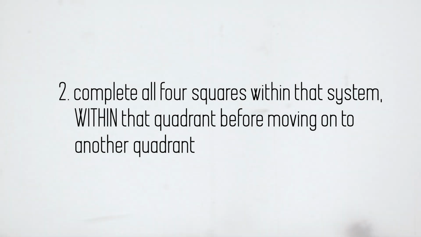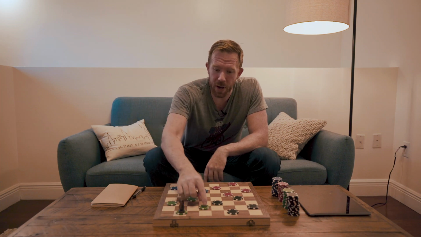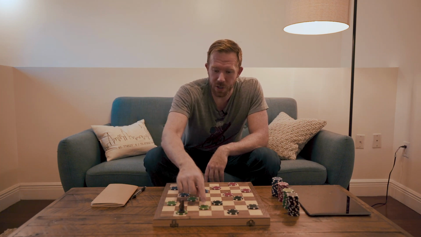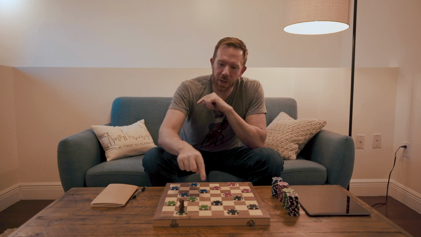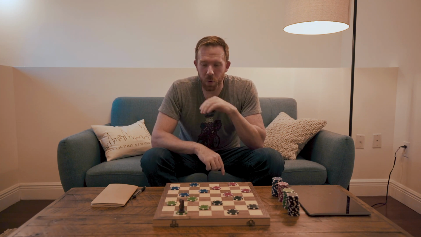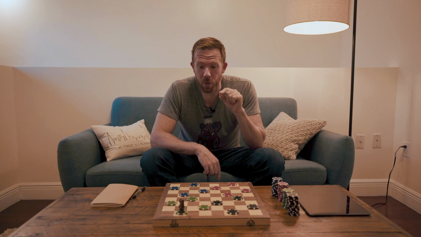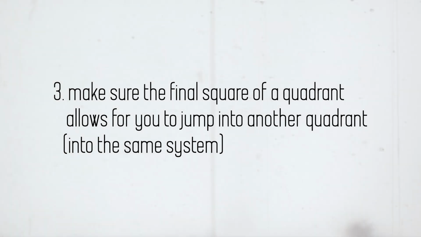Rule number 2, you want to complete all 4 pieces within that system, within that quadrant, before you move on to another quadrant. Obviously each of those systems in each quadrant has 4 squares you have to touch. So I start there, I have to touch this one, and this one before I can move on. Now, the next rule is important. As you complete touching these other pieces within that quadrant, you need to make sure that the final one will allow you to jump into another quadrant, into the same system.